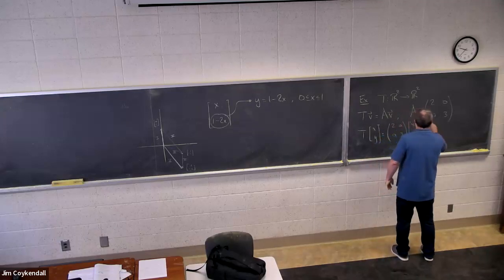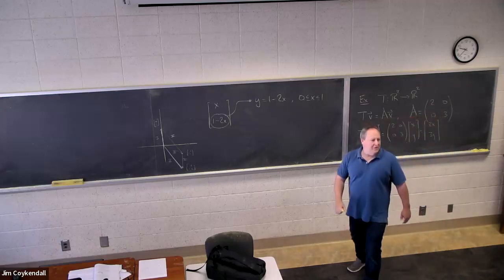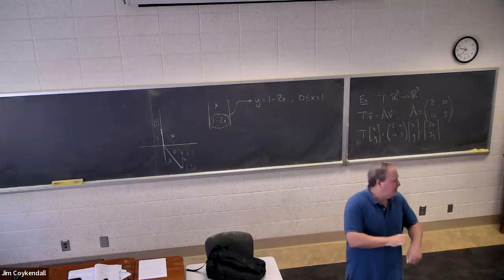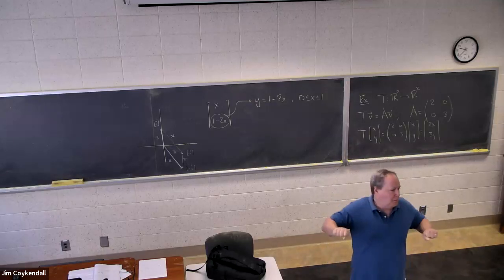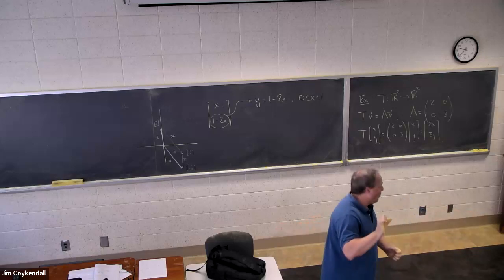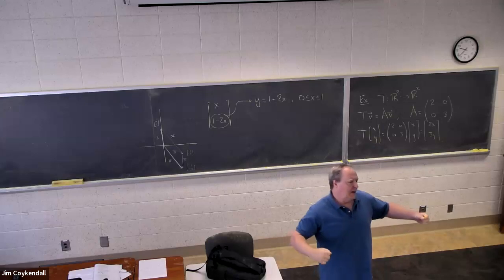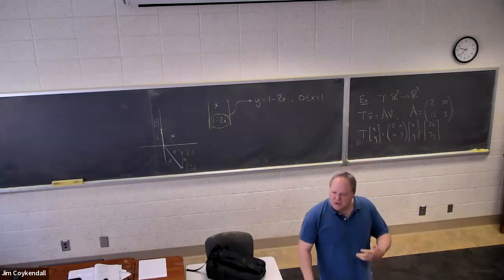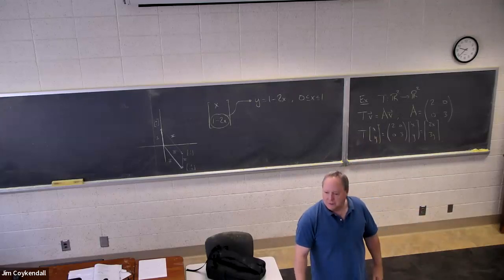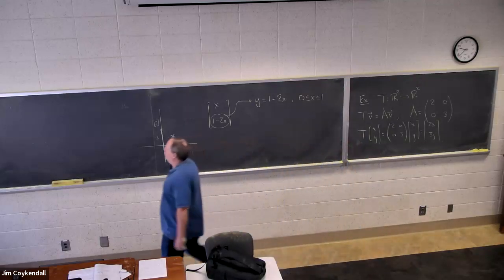So I get (2x, 3y). So basically, what this function does is it pushes the x coordinate out to double its size. And it pushes the y even more. It pushes it to 3 times the size. So it's pushing out x, it's pushing out y, but it's pushing the y a little bit harder. Everybody okay with that? Question: what does this do?